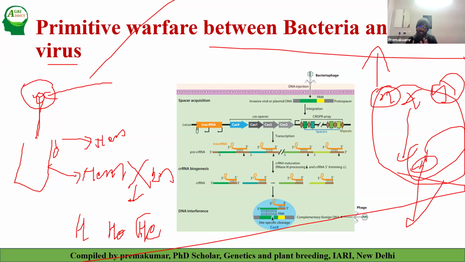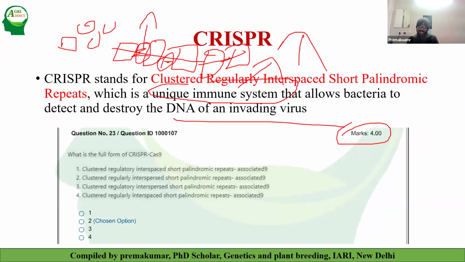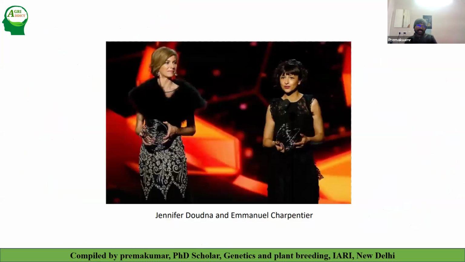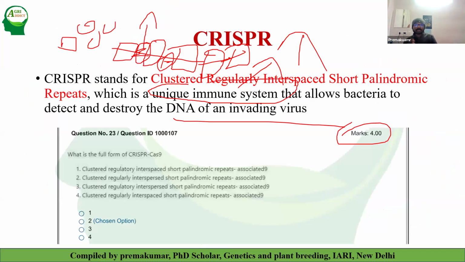Tomorrow we will discuss some other parts of CRISPR-Cas9, like SDN1 and SDN2. Actually, SDN1 and SDN2 I will not cover because I have a video. Please watch it. I made an animated video on YouTube. After that we will discuss multiplex editing methods, base editing, and prime editing. It's a very interesting topic. This year a question was asked on base editing and what is prime editing. It's more advanced.